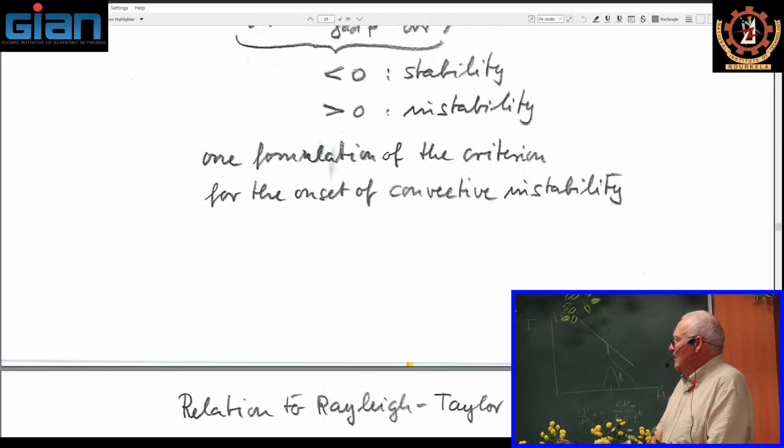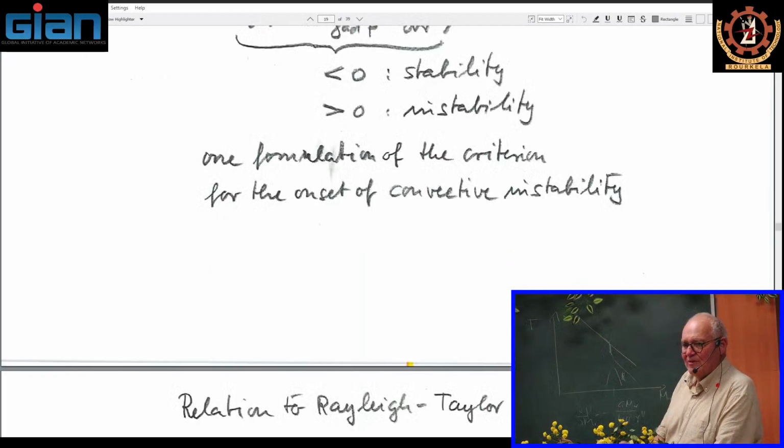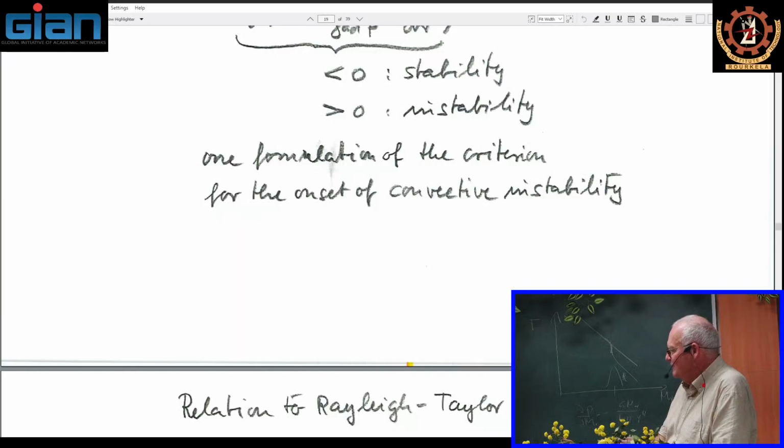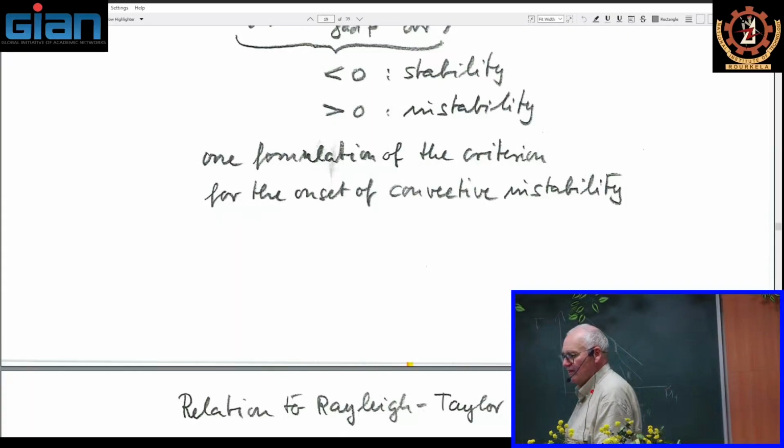Okay, now maybe someone who is familiar with fluid mechanics, or it's also part of elementary physics. We have one form of instability of stratification, Rayleigh-Taylor instability. What is it? Well, the simplest case is you have water and oil.